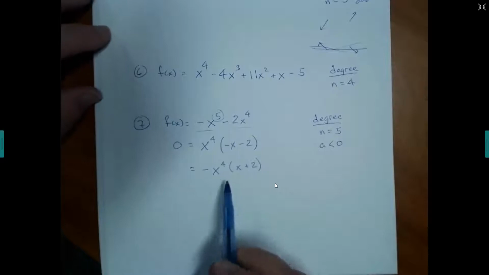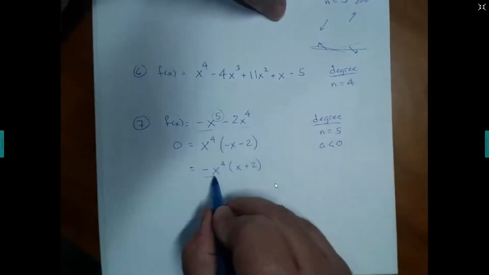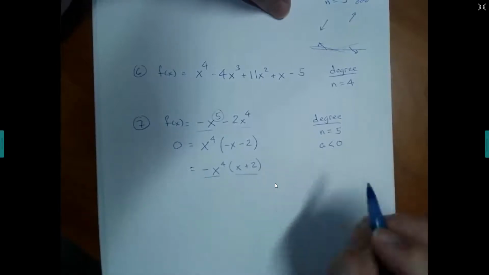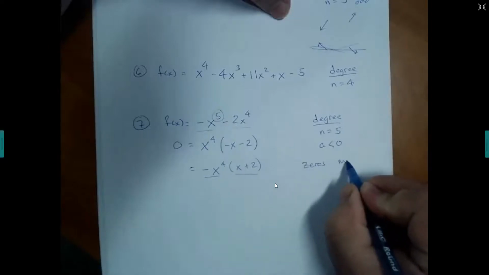So if I give you an equation that looks like this, I broke it down to its smallest pieces. I can now look at the zeros and their multiplicities.